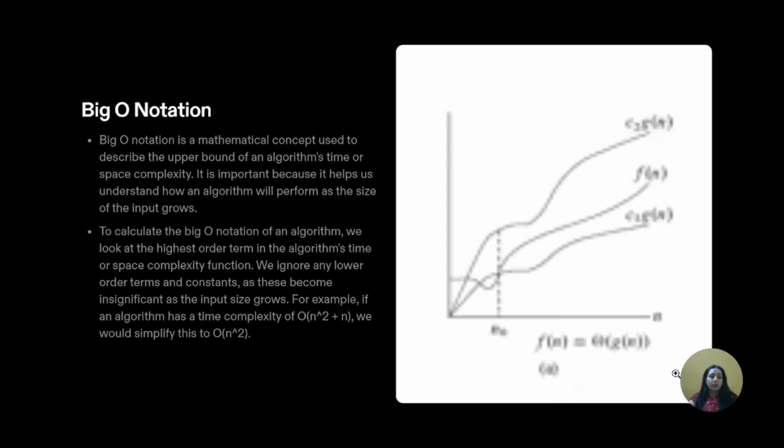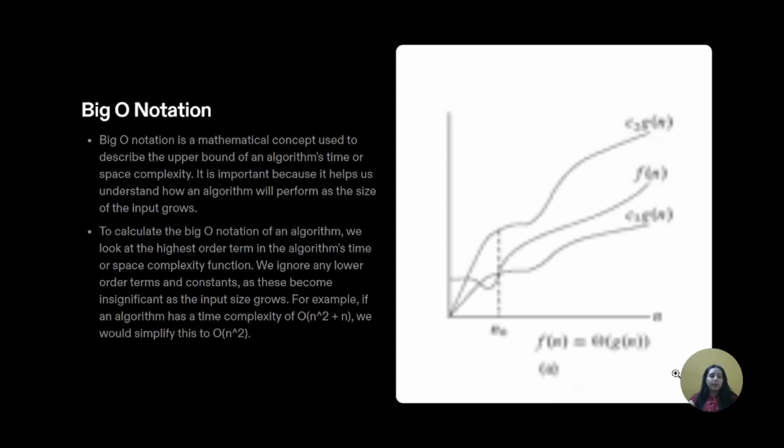Big O notation. Big O notation is a mathematical concept used to describe the upper bound of the algorithm's time or space complexity. It is important because it helps us to understand how an algorithm will perform as the size of the input grows.